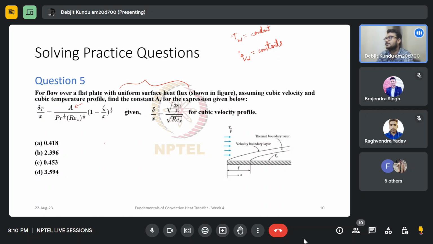And we are assuming cubic profiles for both velocity as well as temperature. So doing all that, I'll finally get dou T over dou x equal to A into some functional form of Prandtl number, Reynolds number, and so on. So what would be the value of this A?